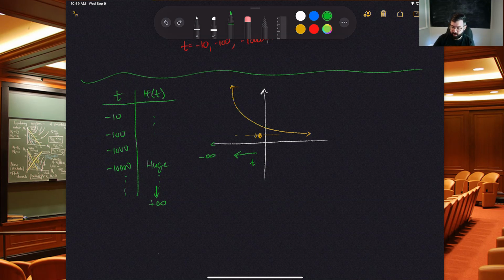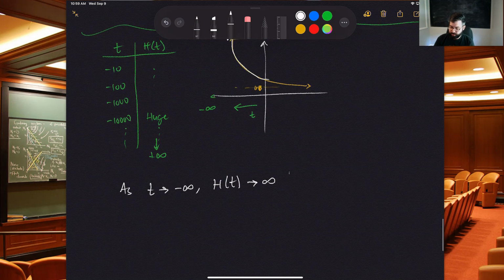It's blasting off, right? And so here we see that as t approaches negative infinity, h of t approaches infinity. And so what we say is this diverges to infinity, or that the limit doesn't exist.